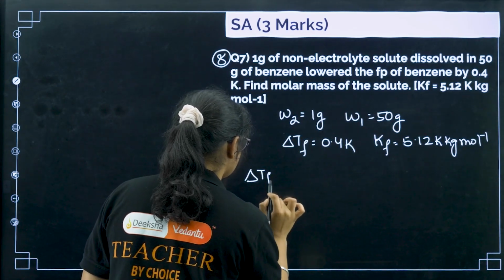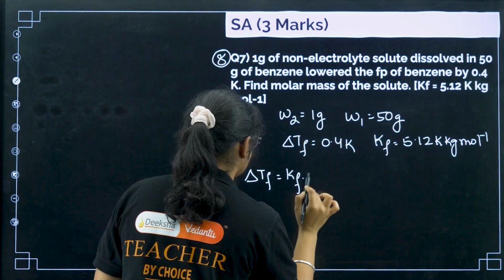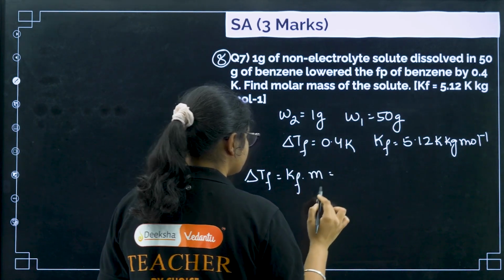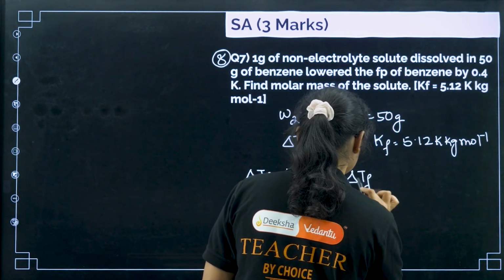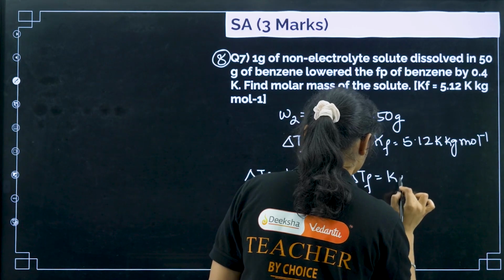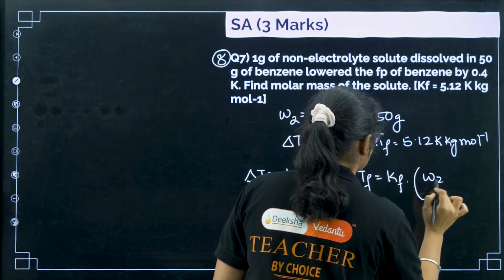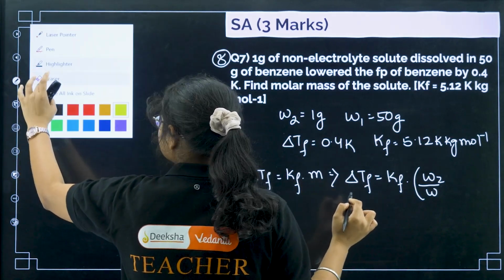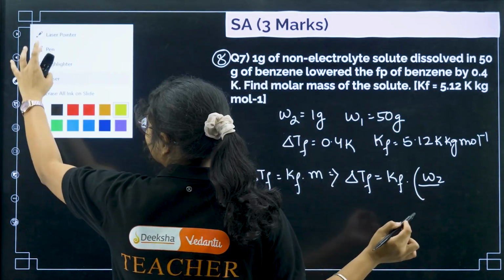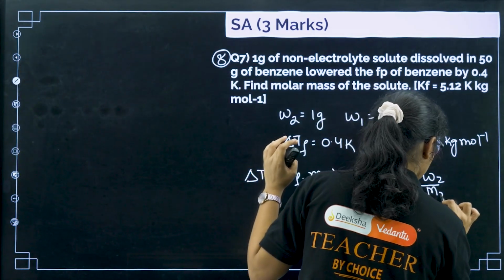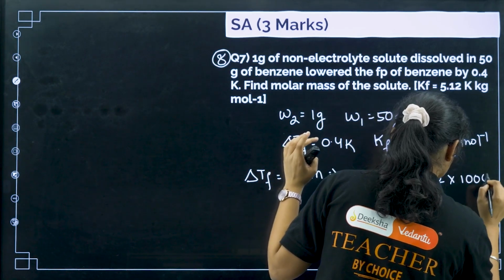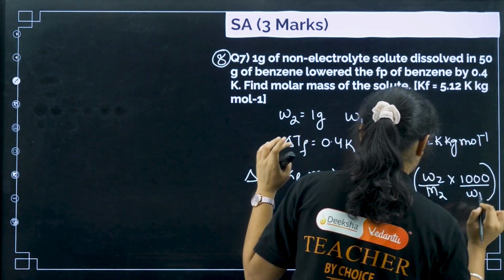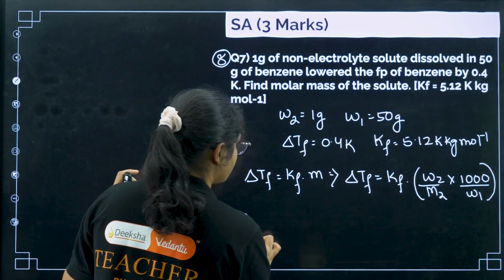Delta TF is equal to Kf into m. So in this, what will happen? Delta TF is equal to Kf into W2 by M2 into 1000 by W1, right? So now if I want to solve this one, what I'll get?